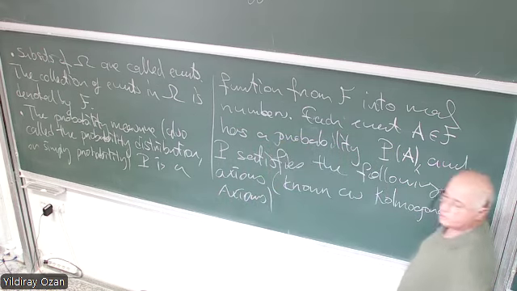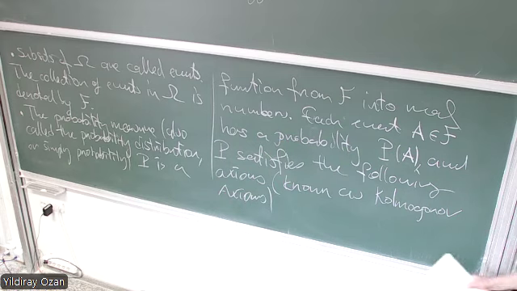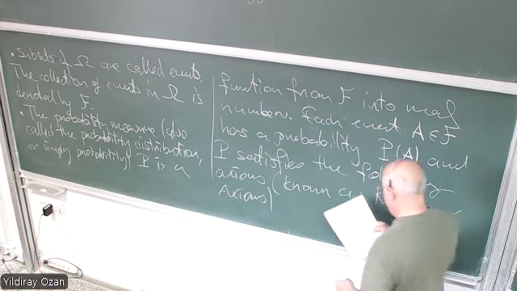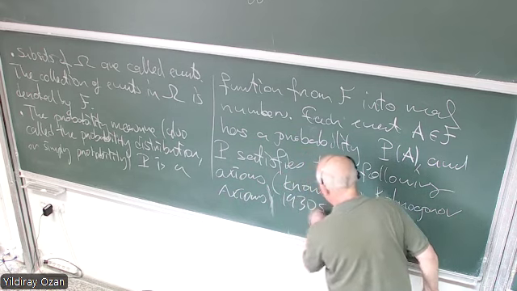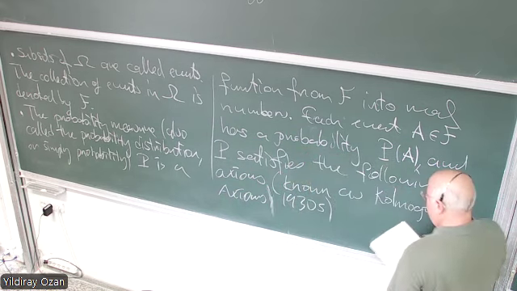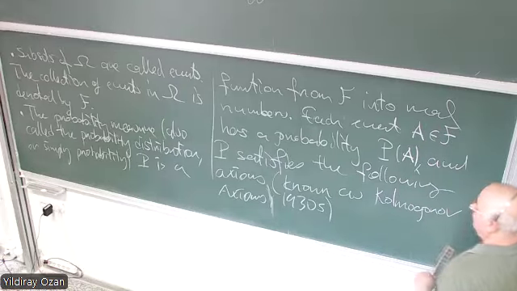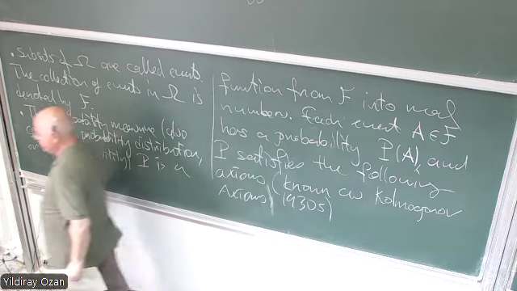So he is the first mathematician who axiomatized these in the 1930s. And let's see what the axioms are.